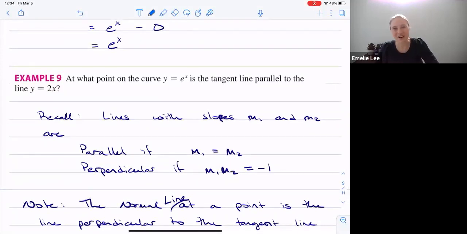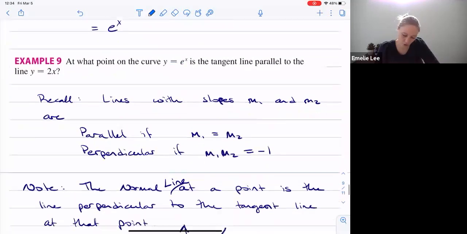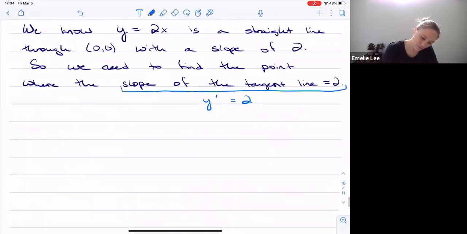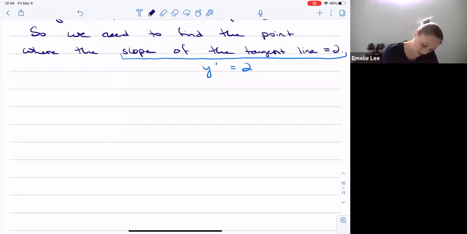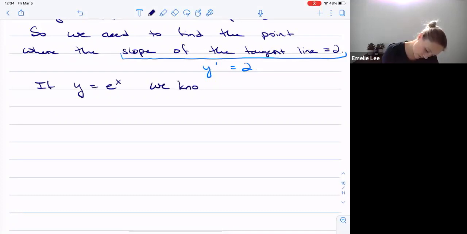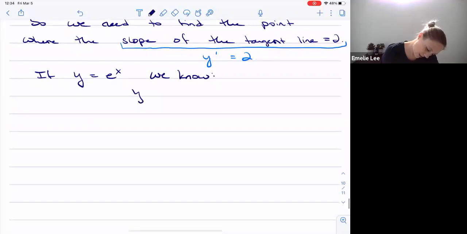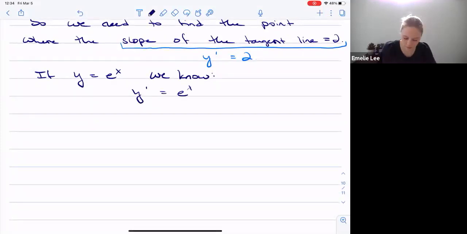What's nice about y equals e to the x, well, the derivative of y equals e to the x is e to the x. So really what I need to force is e to the x being equal to 2. So if y equals e to the x, we know that y prime is also e to the x.